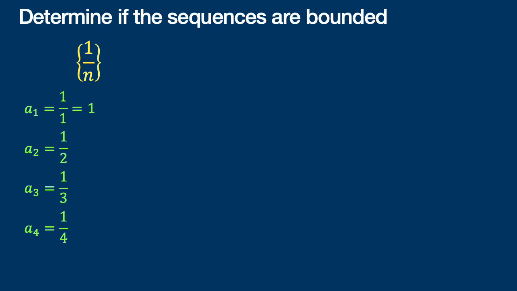What is the lower limit? What is the upper limit? For 1 over n, where is an, guys? All an is greater than 0. You found the lower limit. What is the upper limit? All the terms are less than or equal to 1. We call this sequence bounded.